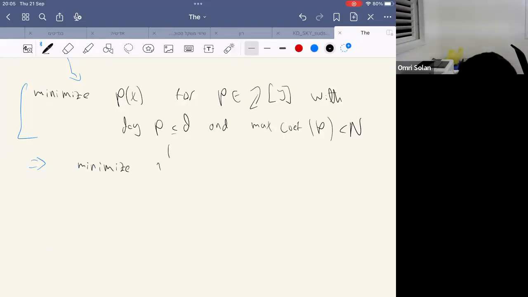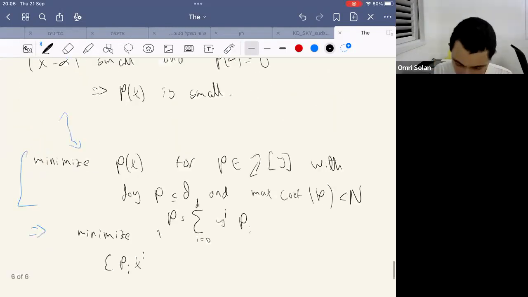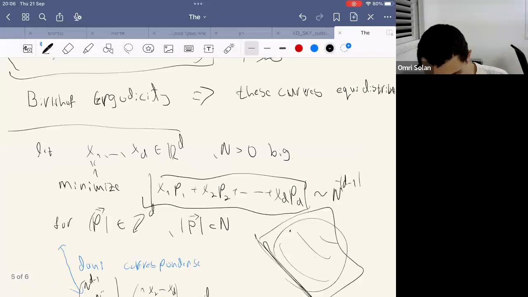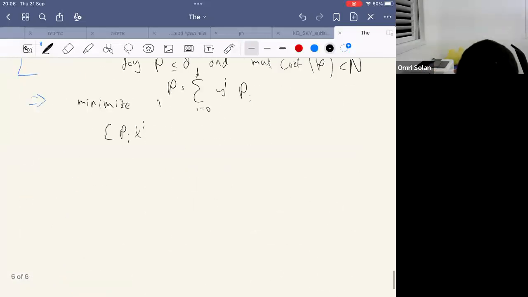So if p equals the sum for i equals 0 to d of p_i y^i, we try to minimize the sum of p_i x to the power of i, and so we get to the same approximation problem we had for functionals, for planes. And so we apply the Dani correspondence to it.